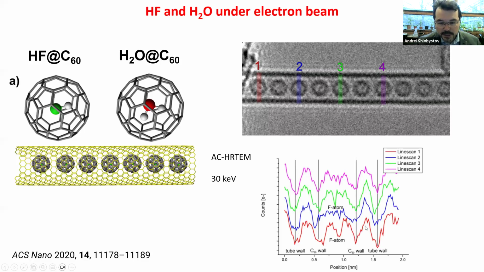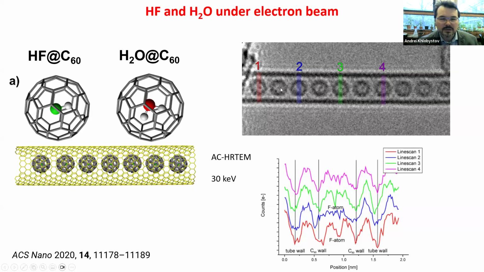At the bottom is the intensity profile, for example, the red line here, across the fullerene cage, and you can see the dip in intensity in the middle, in this particular case corresponding to fluorine, but it's not so clear in the molecule next door.